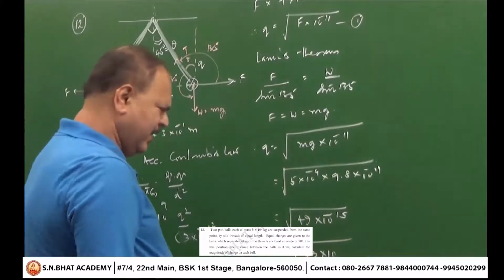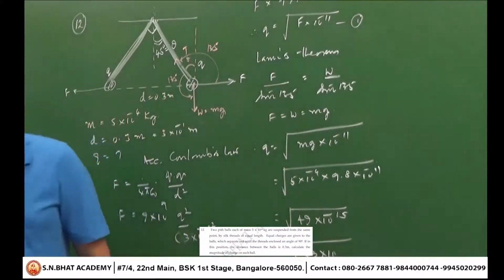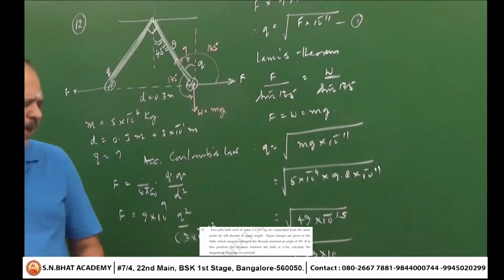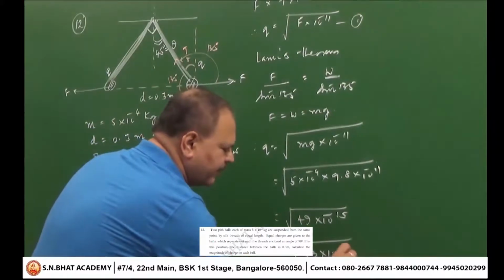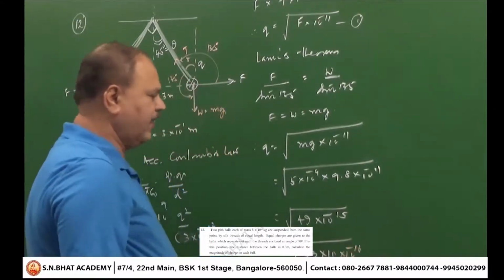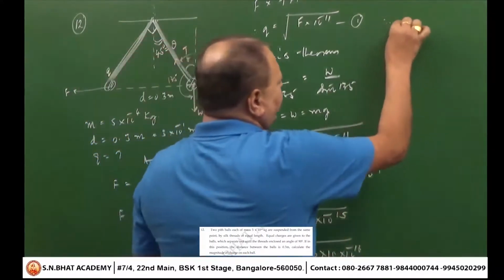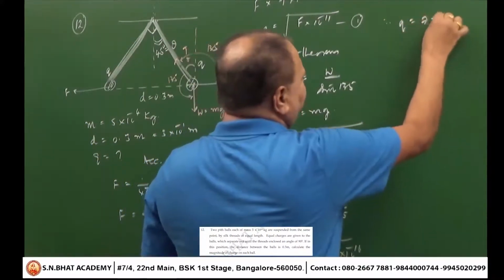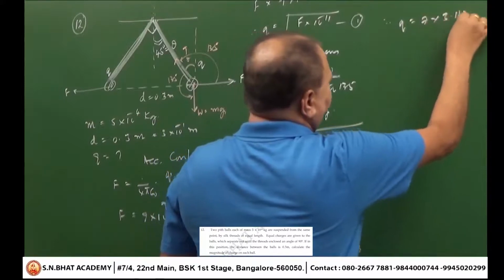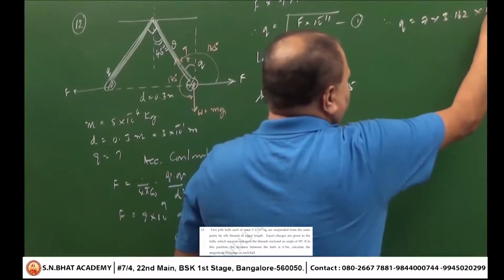Either you divide by that, minus 16 or minus 14, no problem. So therefore it becomes 10 to the power minus 16. Now your Q is equal to, finally, square root of 49 is 7, square root of 10 is equal to 3.162, and that's equal to 10 to the power of minus 8.